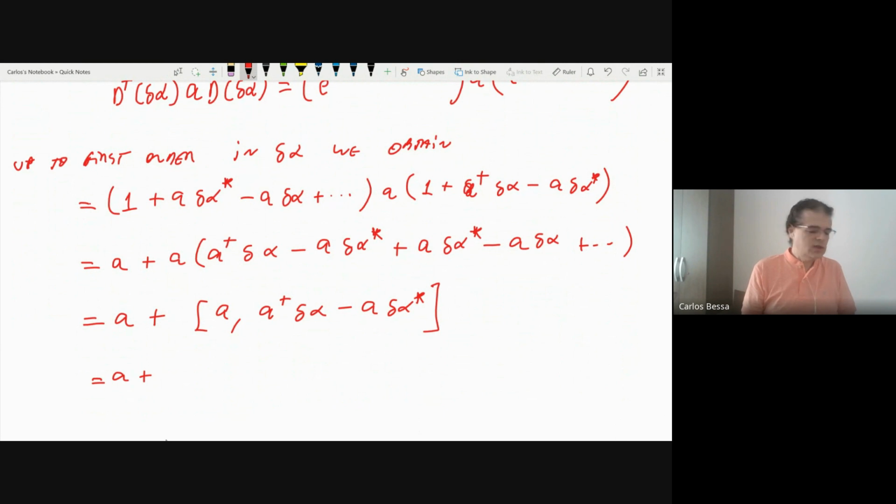So delta alpha is a number, so we could use those properties. It is delta alpha times the commutator of a with a dagger, minus delta alpha conjugate times the commutator with a. So this we saw last is 0, and this here is 1. So this will give me a plus 1 times delta alpha.